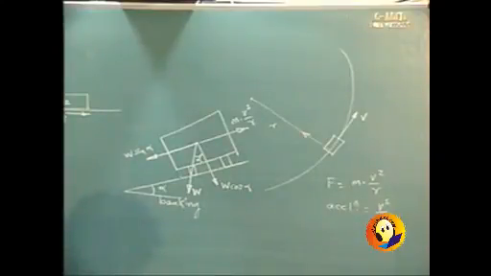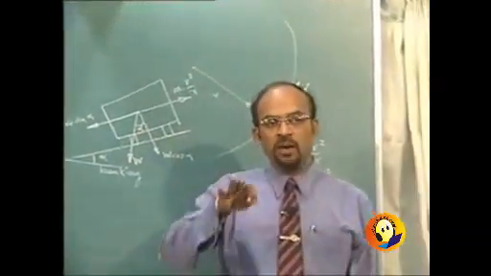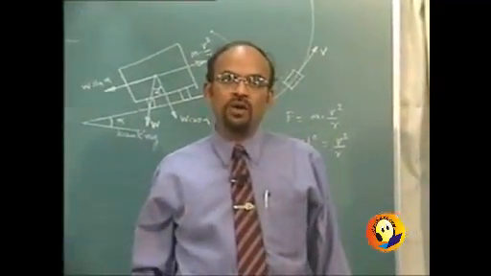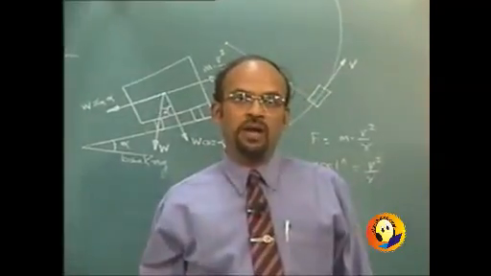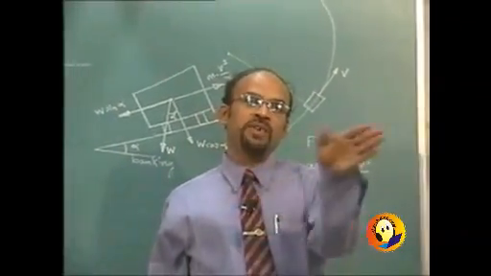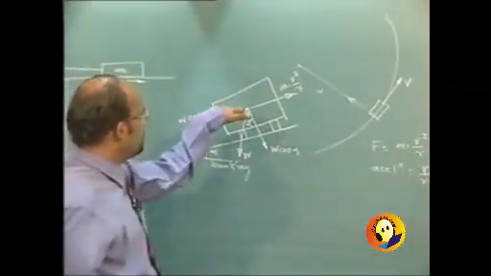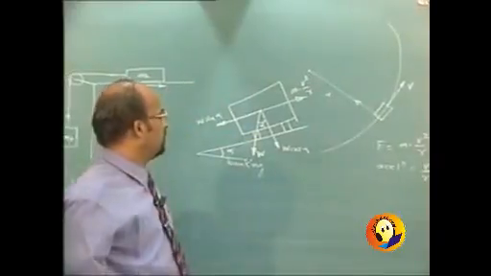Even on the highways you will always find information about the banking of the road. When you are negotiating the turn, it will always have a slope in the direction in which you want to take the turn. So this vehicle is negotiating the left turn.